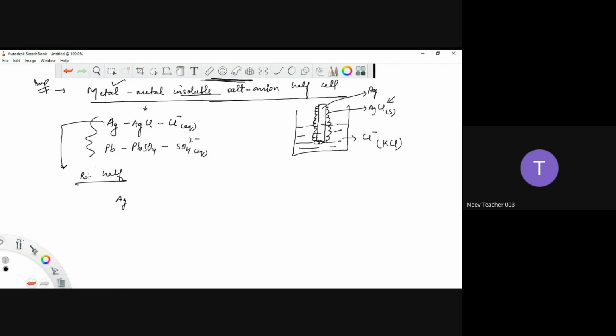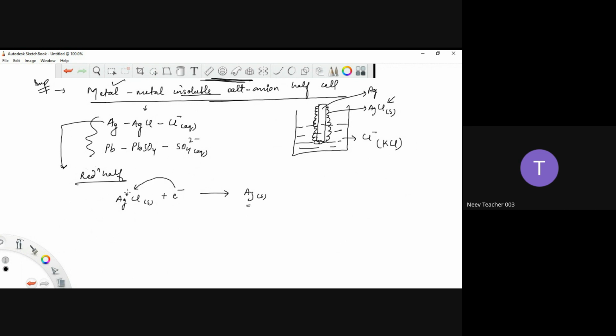So if I use it as a reduction, from AgCl solid, it takes the electron and forms Ag solid. Just assume it is the plus that actually takes the electron and forms Ag solid.